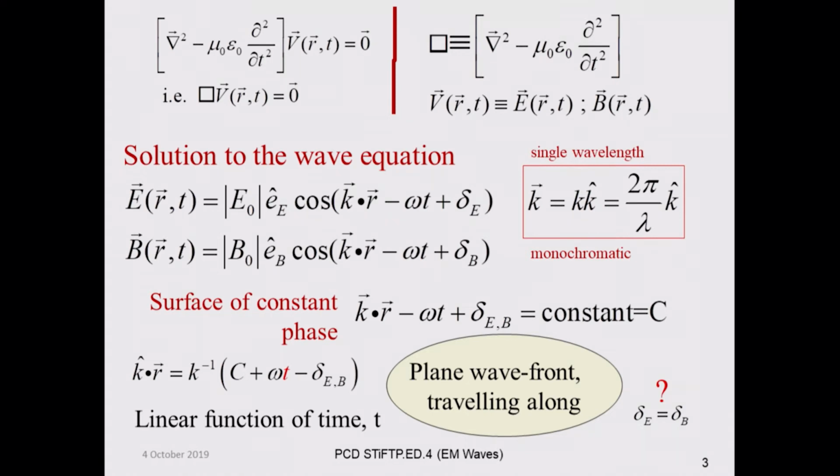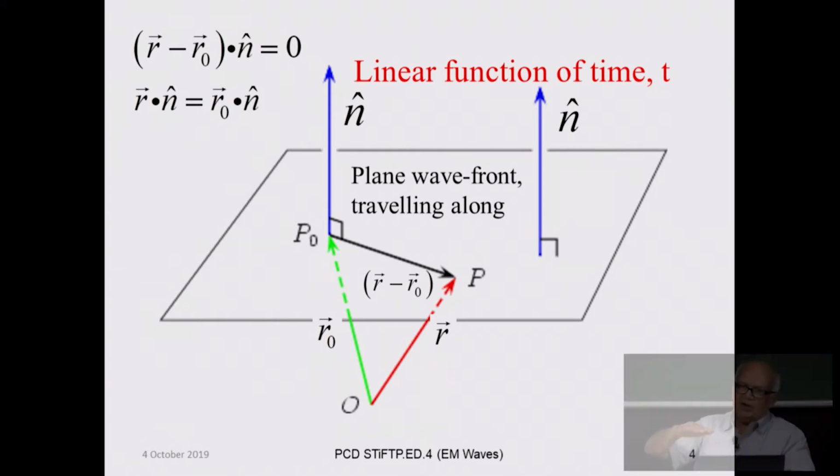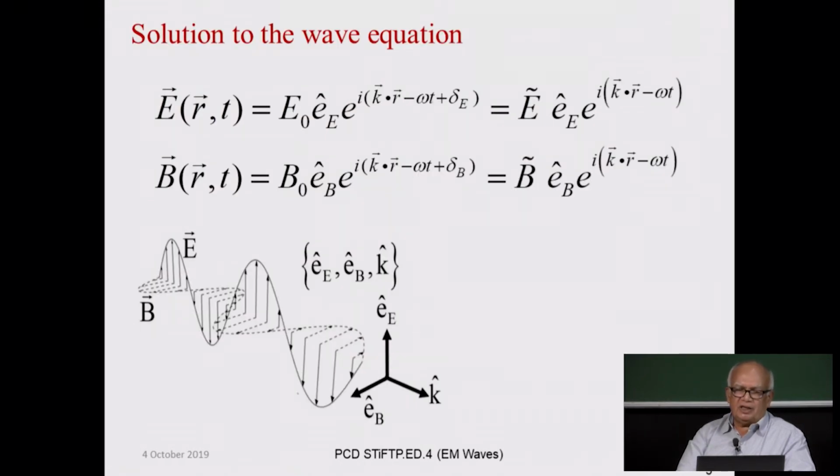I have written only one equation, but there are two of them, one for E and one for B. You have this wave front on which you have points at the same phase. That is what constitutes the surface of constant phase, which is propagating along one direction linearly with time.